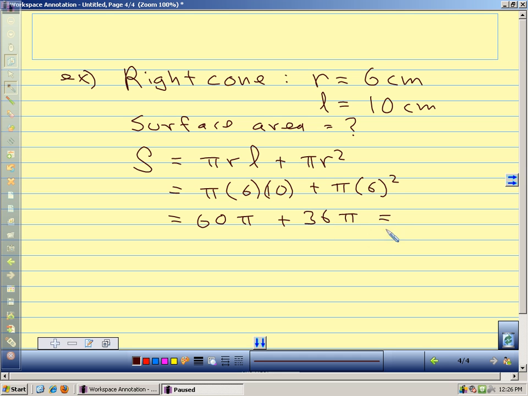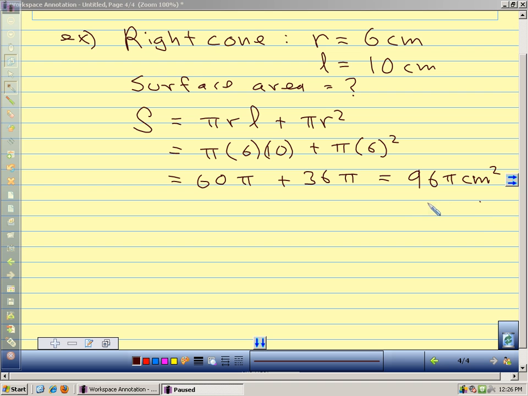So my exact answer is going to be 96 pi centimeters squared. We're talking about surface area, so we can leave it in terms of pi.